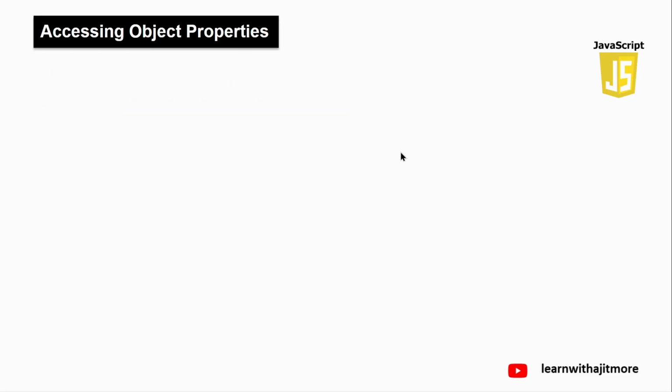Okay, so I hope you got it. Now, how to access the properties of your object. There are two ways you can access it: using the square bracket operator, or using the dot.